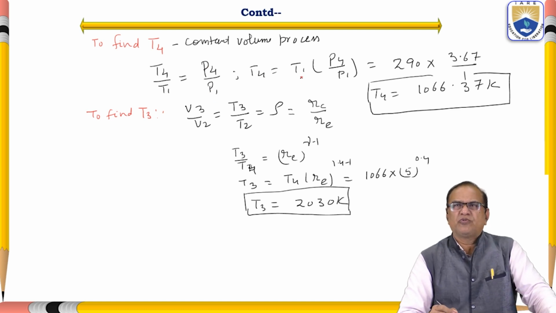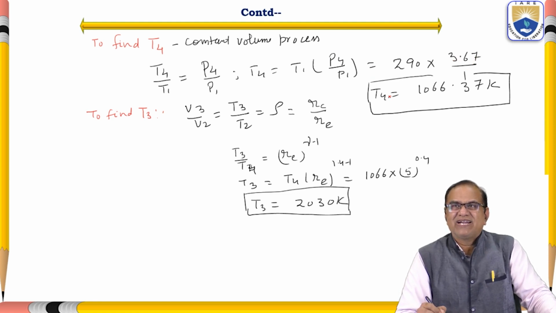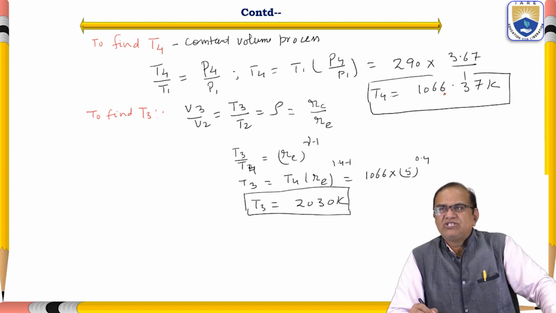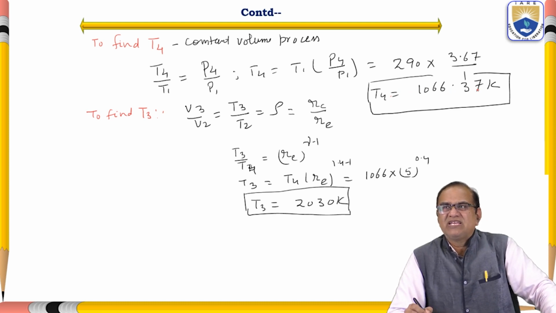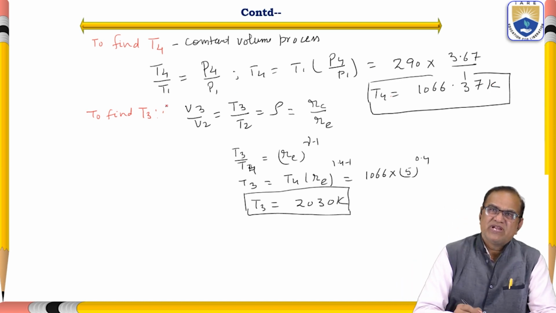So T4 is equal to T1 times P4 by P1. T1 is 290 and P4 by P1 is equal to 3.67 by 1. So we will get T4 is equal to 1066.37 Kelvin.